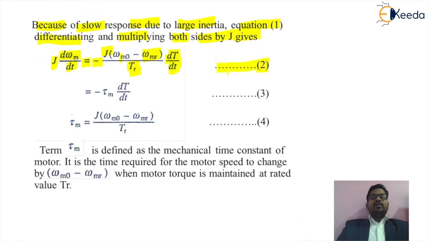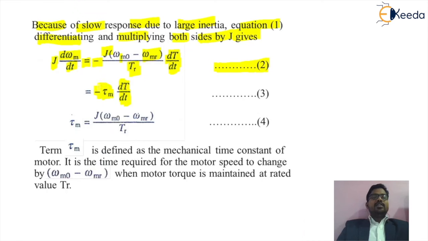Okay, so in equation number 2 we are just differentiating and multiplying both sides by J. Now we are getting a very important term, minus tau m into dT by dt, that is the motor torque with respect to time.